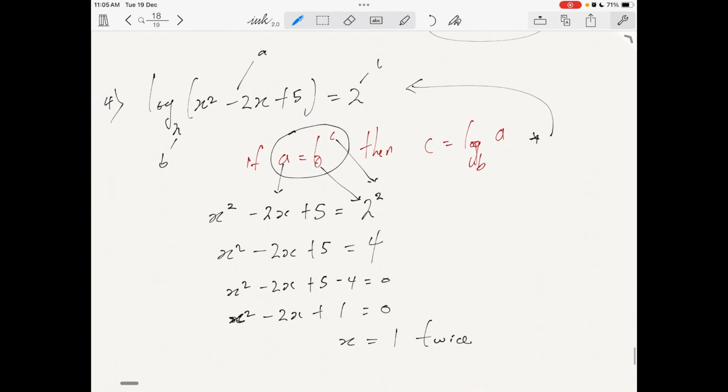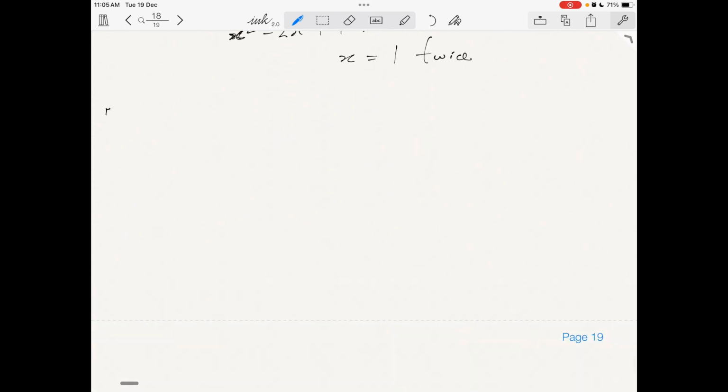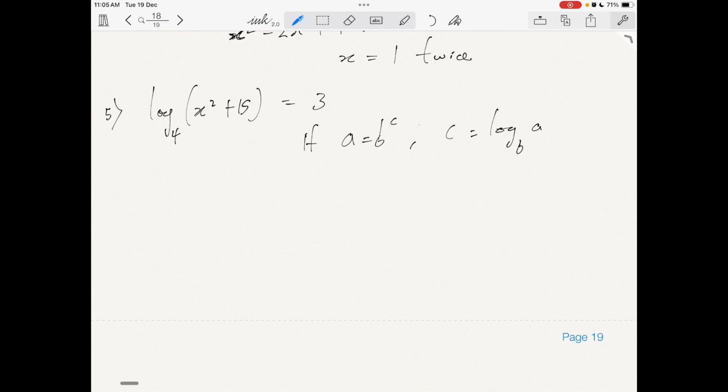Now, we can also have a question in relation to that. Given log to base 4 of x squared plus 15 is equal to 3. Just like we did before, if a is equal to b raised to power c, then c is equal to log a to base b.